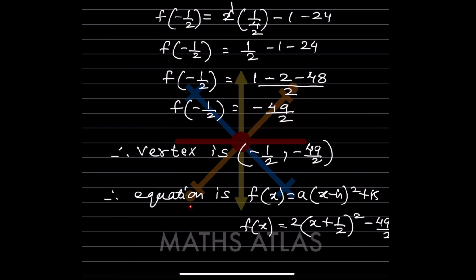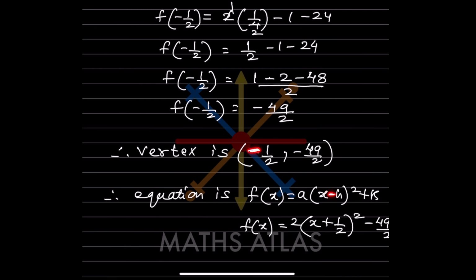So how will you write the equation? They have asked for the equation, that is f of x. You know for the vertex form, that is a into x minus h whole bracket square plus k. So this is nothing but the vertex. We can also write here h and k, both are the same. X is equal to h. So in place of h, you will write here 1 by 2. But now see here, from the formula you have minus, and this also is minus.